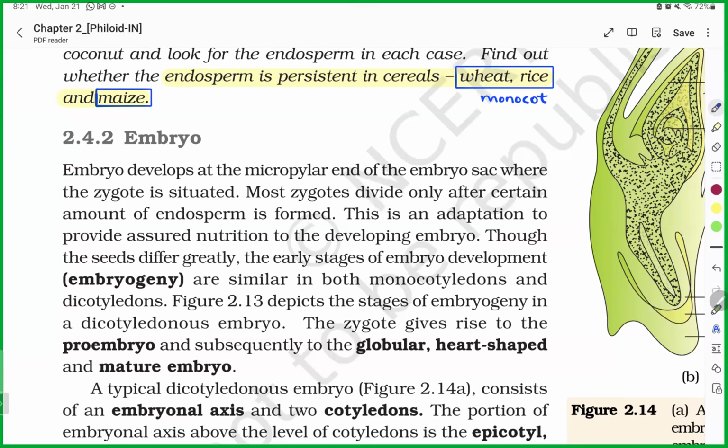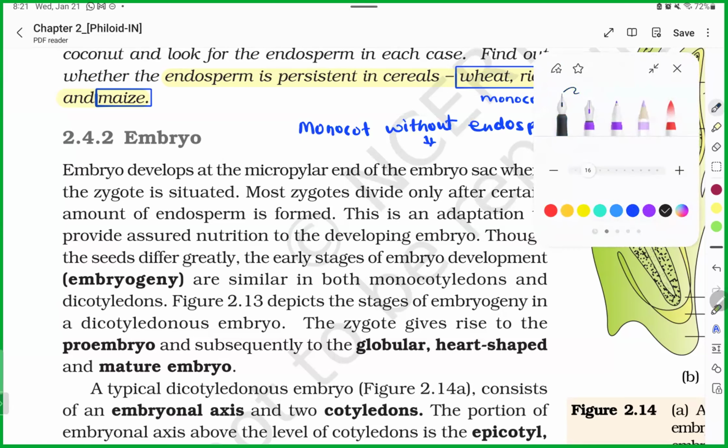Name a monocot without endosperm. Because most of monocot have endosperm. There is one monocot that does not have endosperm. Chandana, can you tell me?